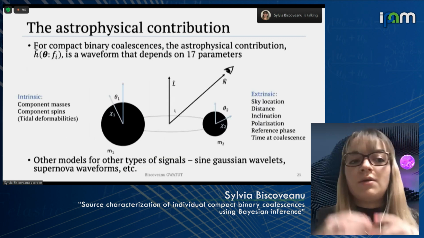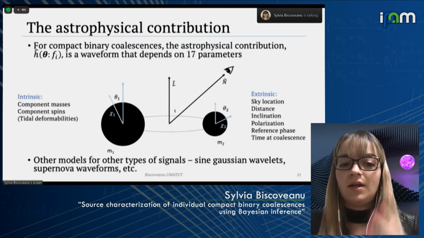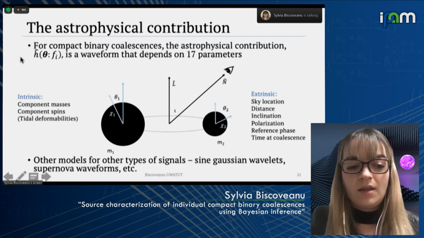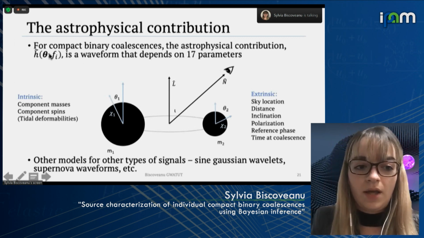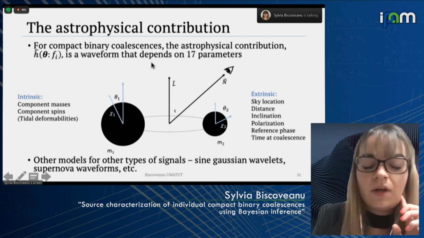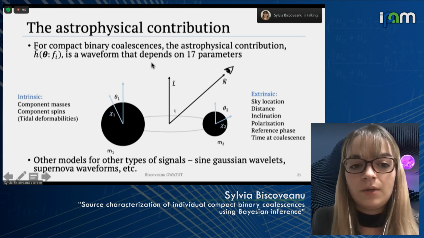Okay, so now that we've looked at the properties of the LIGO data and translated that into a likelihood, we can spend some time investigating what the signal contribution actually is, what we've been calling H tilde of theta and F. In our particular case, we are interested in looking at compact binary coalescences.